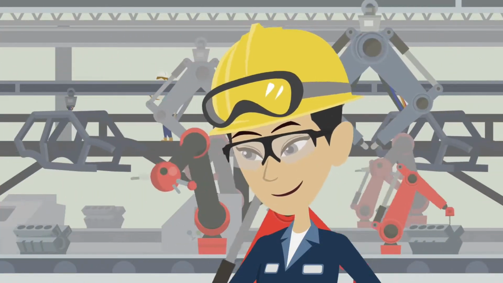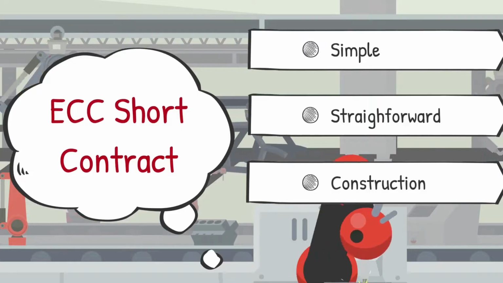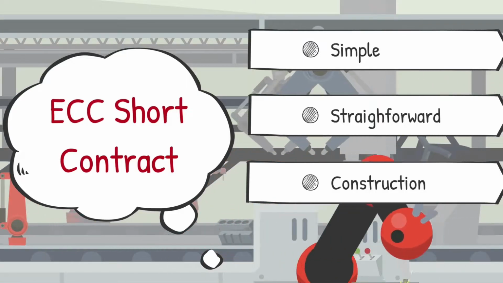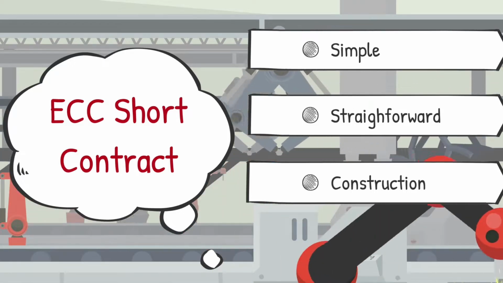Where either you have a design element, or you have a construction or engineering element, you go for your ECC. You also have an ECC short contract where you can use it for contracts that are more simpler or that are straightforward, right? It's still engineering, but it's more straightforward. It's not as complicated. Then you can go for the ECC short contract, right?